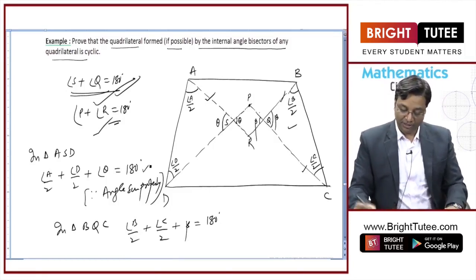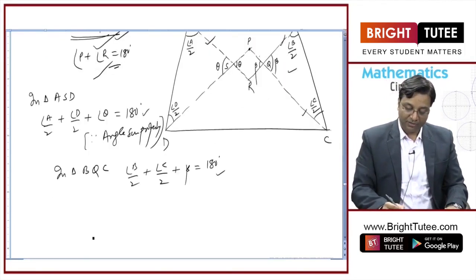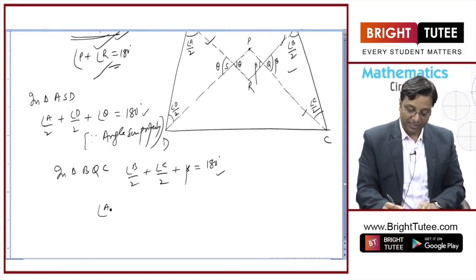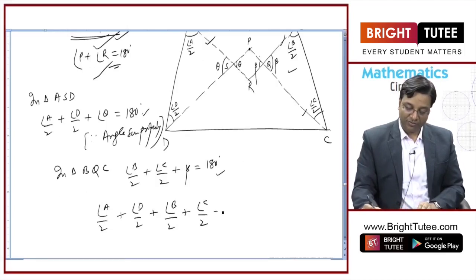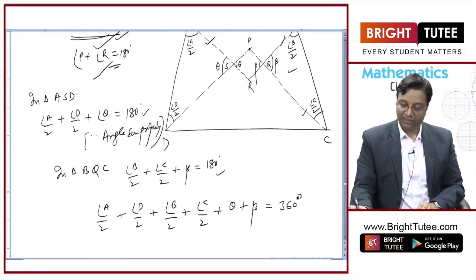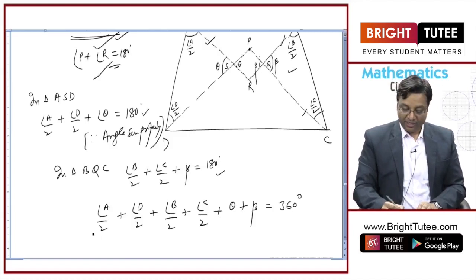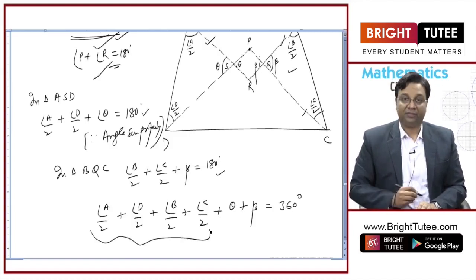Once I know these two things, I'll add these. So angle A by 2 plus angle D by 2 plus angle B by 2 plus angle C by 2 plus theta plus beta is equal to 360 degrees. And what can you say about this sum?